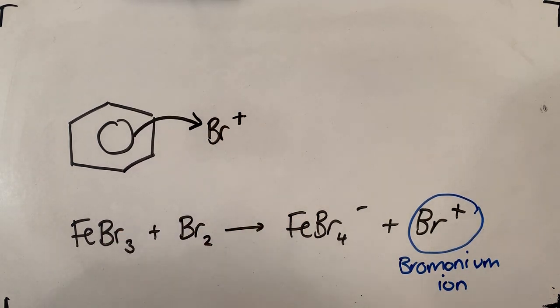So over here we need to produce a bromonium ion which is electrophilic enough to react with our benzene ring. So you do need to be aware of the difference in reactivity of benzene compared to alkenes. Benzene is not electron rich enough to induce a dipole across the bromine molecule, and therefore it requires a halogen carrier, whereas alkenes are electron rich enough, they have localized electrons, and therefore they can induce dipoles across bonds.